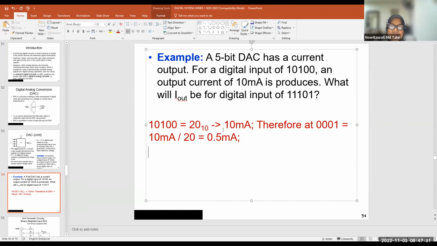Next question: what will I out be for digital input 11101? This is equal to what digital? 1, 2, 4, 8, 16. 16, 8, 24. 24 plus 4, 28. 28 plus 1, 29.